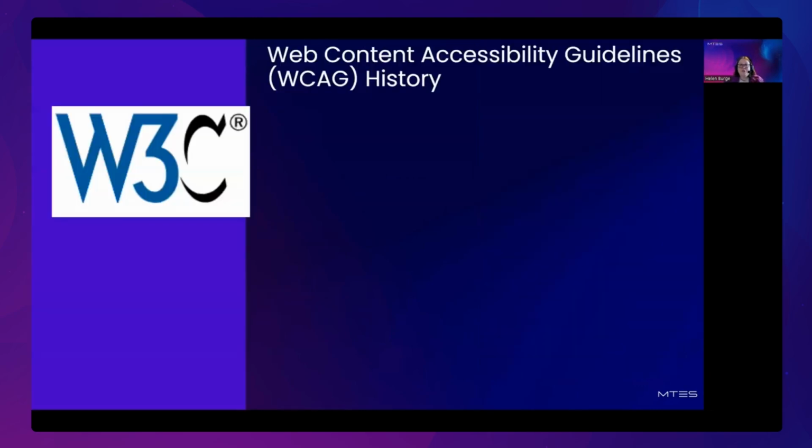Anyway, Web Content Accessibility Guidelines, a brief history. So created by the W3C, and we can see their logo there, W3C, the World Wide Web Consortium. And the first guidelines were authored in 1995 after a keynote speech at a conference in 1994 highlighted the need for accessibility.